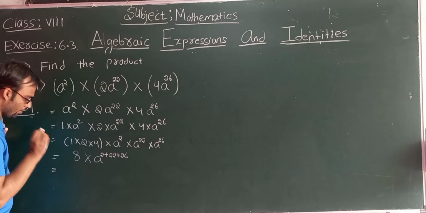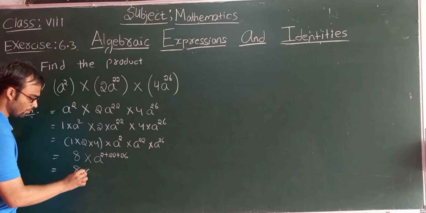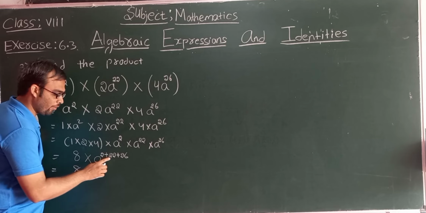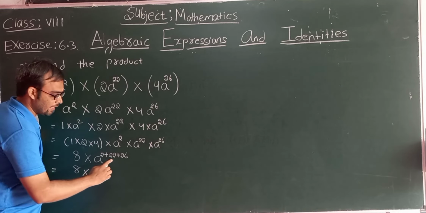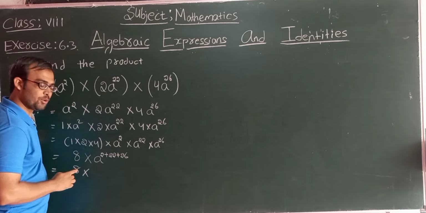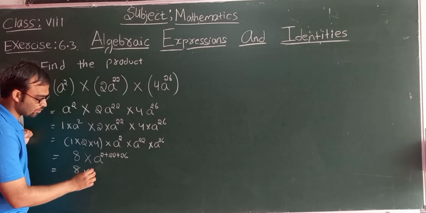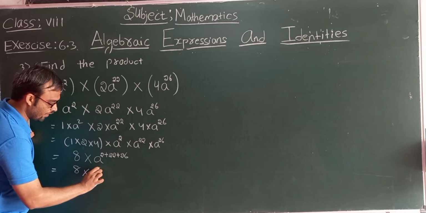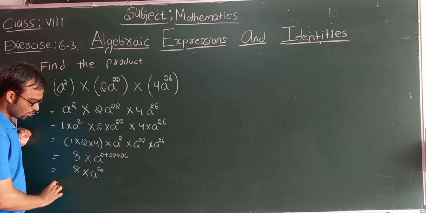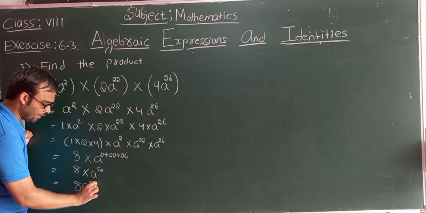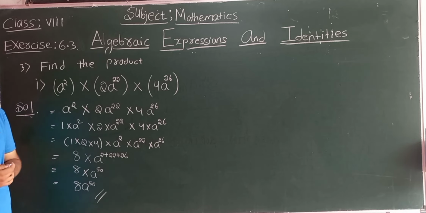Now 2 plus 22 is 24, next 24 plus 26 is 50. So here we are getting a to the power 50. So 8 into a to the power 50 is the solution for this problem.